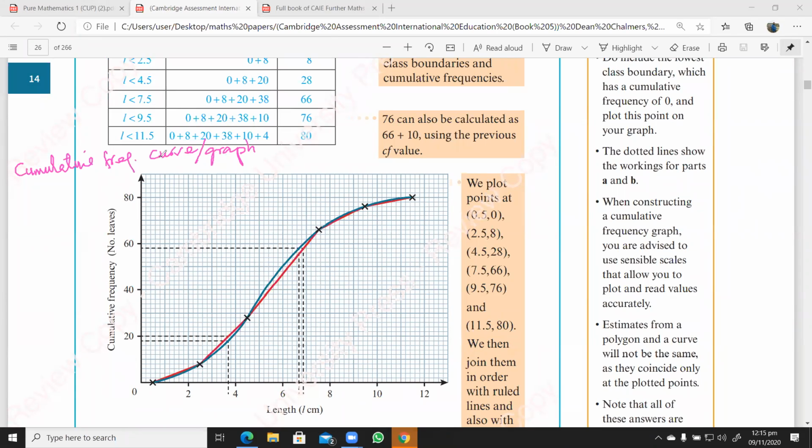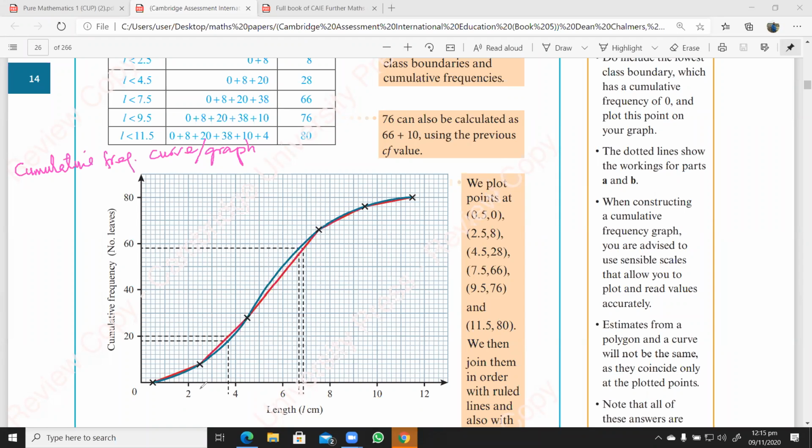You know what is the difference between the cumulative frequency curve and the cumulative frequency graph? If you have marked all these points, like you have 0.5 comma 0, and then 2.5 against 8, and then 4.5 against 28.